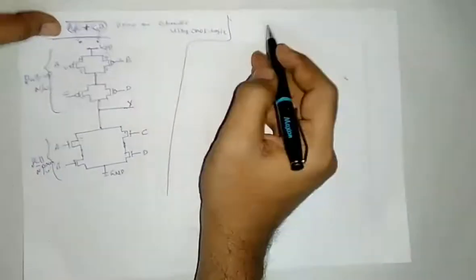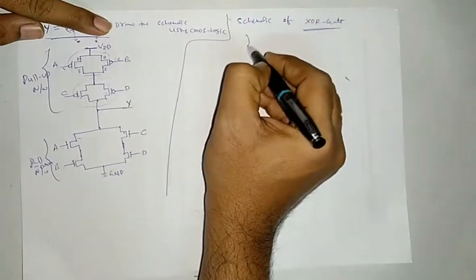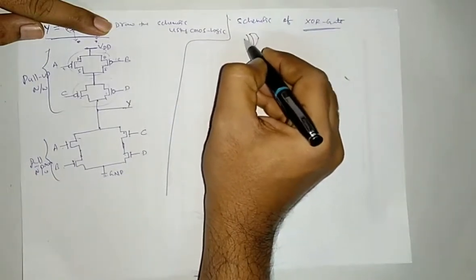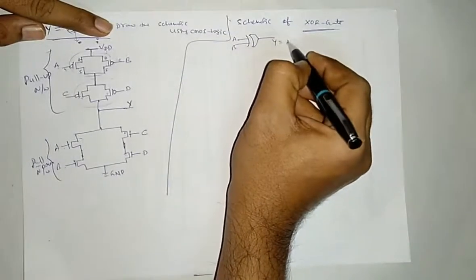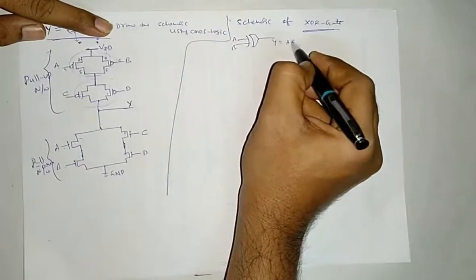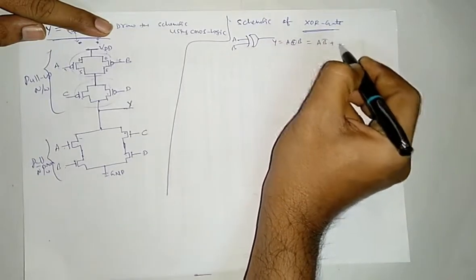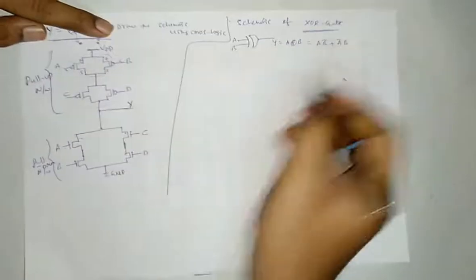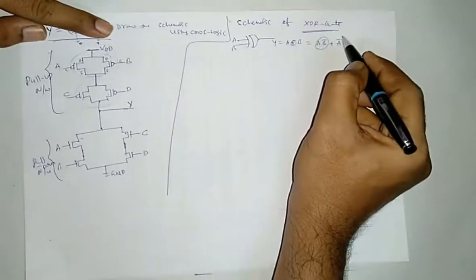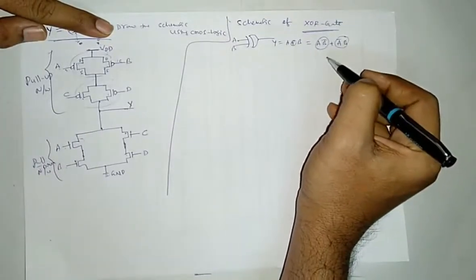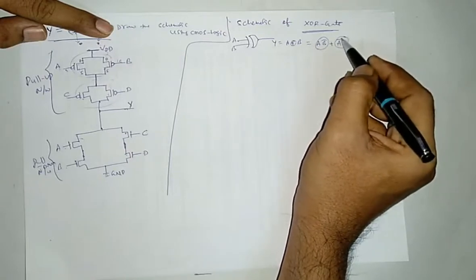Now I am going to draw the schematic of the XOR gate. This is the logic symbol, with inputs A, B. So Y is equal to A XOR B, nothing but A B bar plus A bar B. A B bar is one product term, A bar B is another product term, and if you observe, this output is an uncomplemented logic function.